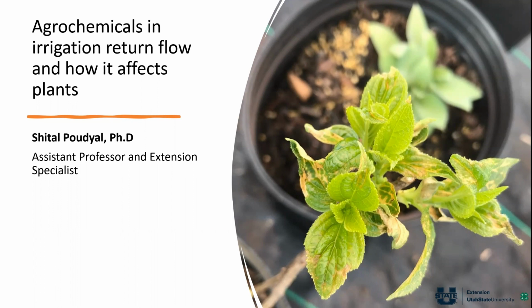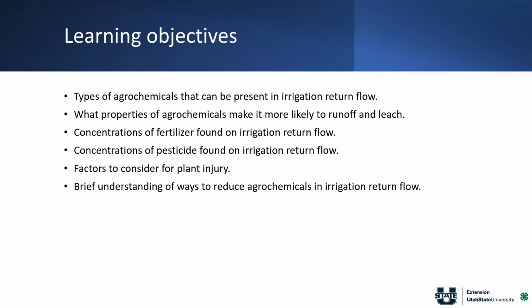So again, as I said, today I'll be presenting on agrochemicals in irrigation return flow and how it affects plants. So the learning objectives for today would be about the types of agrochemicals that can be present in irrigation return flow. So when I talk about irrigation return flow, it's the runoff water from nursery or landscape.